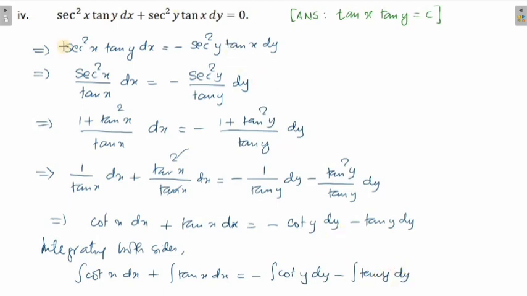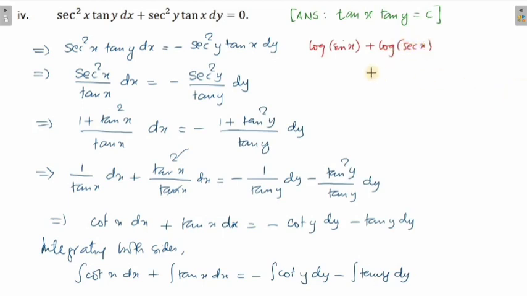Now all of you know the answers, isn't it? Like what is integral cot x? It is log sin x. We have next integral tan x is log sec x.